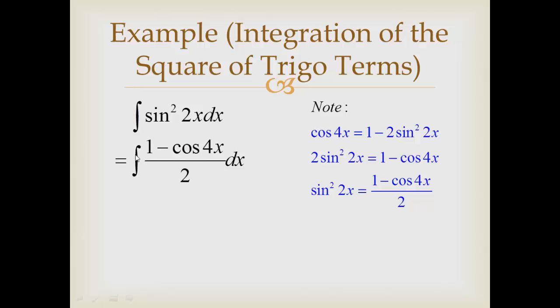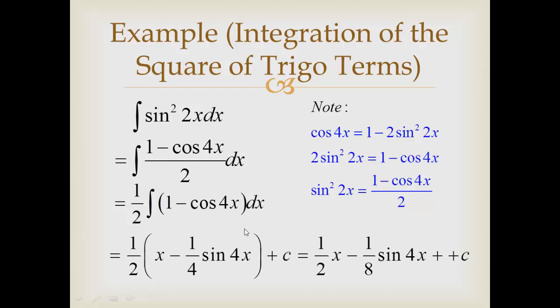So we come back to the question and we replace sine square 2x by this expression in cos 4x. Again, we realize that there's a constant term half, and we carry it out of the integration sign. So we are left with half times the integration of open bracket 1 minus cos 4x close bracket with respect to x. Now I integrate 1, and subtract the integration of cos 4x separately.